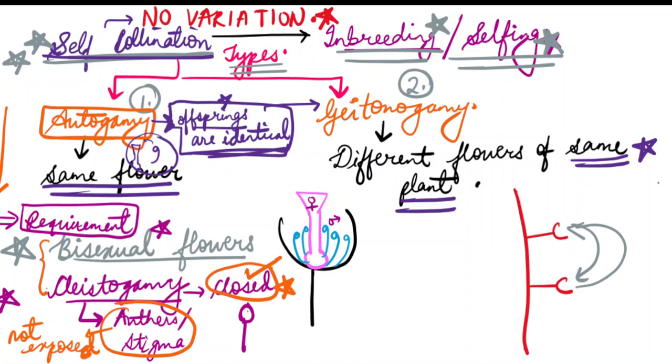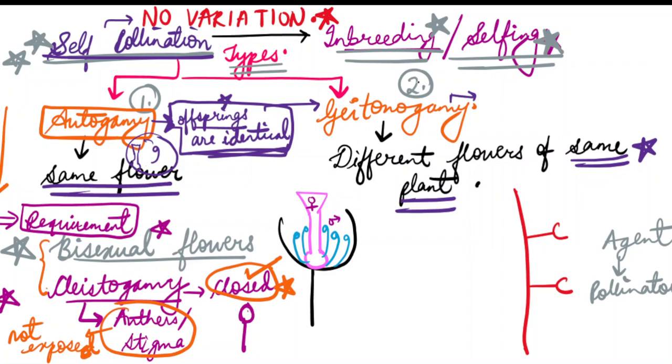If we have to carry pollens, there is a need of someone to carry them, an agent, or you can say a pollinator. So we can state that Geitonogamy is functionally similar to cross pollination.